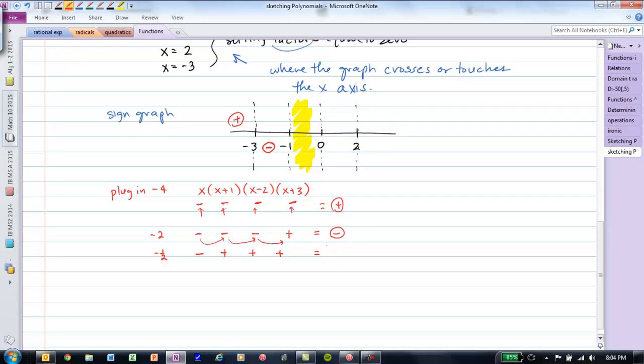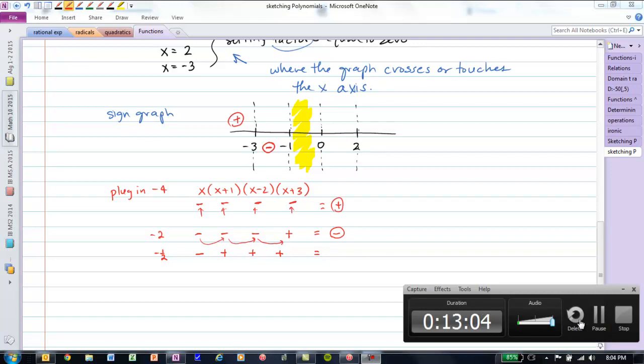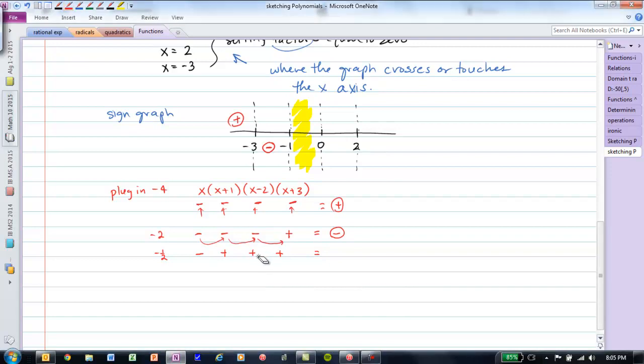Something's wrong. Oh, I just wrote it wrong. Okay, so that term is negative. So it's negative, positive, negative, positive. Okay, so if I have two negatives, that makes a positive. Everything else is positive, so this is positive. So we are positive in this area.